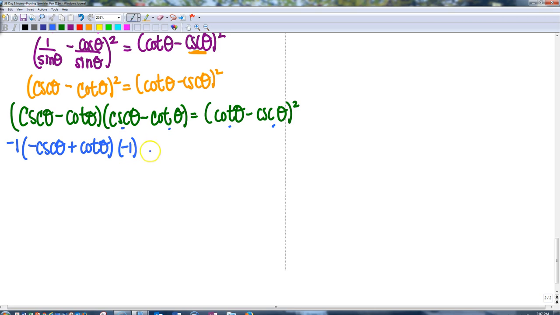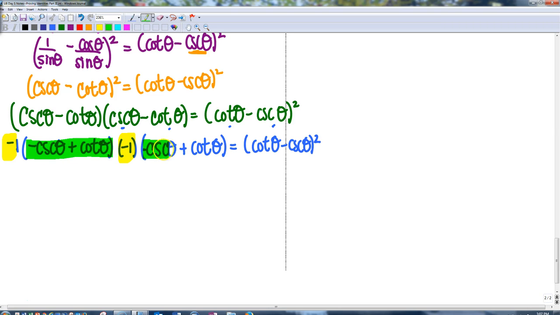Take out a -1. The cosecant will become negative. The cotangent will become positive. And then when you multiply your -1 times your -1, you just get a 1.